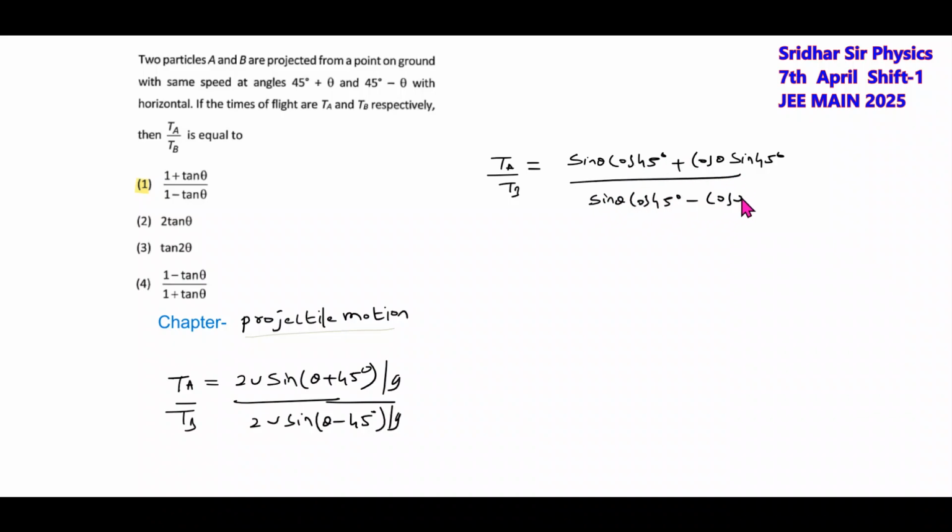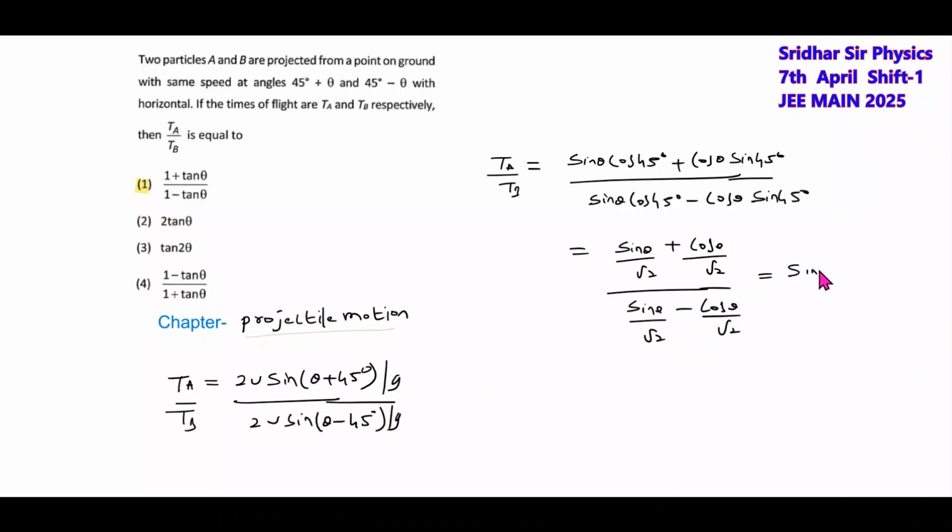Okay, this will become TA by TB equal to sine theta cos 45 plus cos theta sine 45, divided by sine theta cos 45 minus cos theta sine 45. That is sine theta by root 2 plus cos theta by root 2, over sine theta by root 2 minus cos theta by root 2. So sine theta plus cos theta over sine theta minus cos theta. Take cos theta common: tan theta plus 1 over tan theta minus 1.